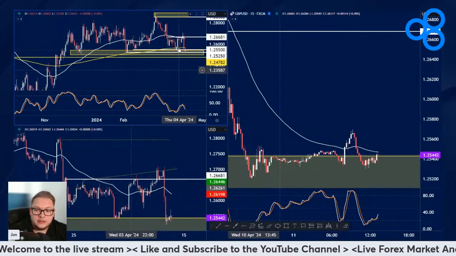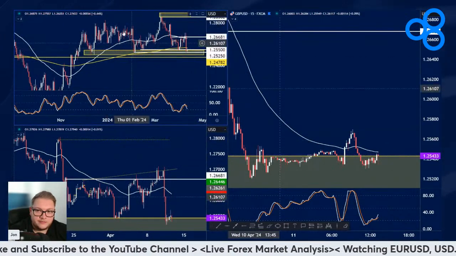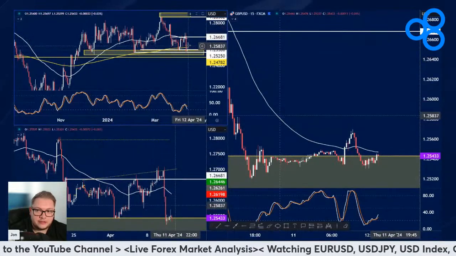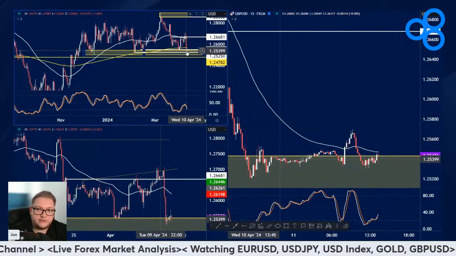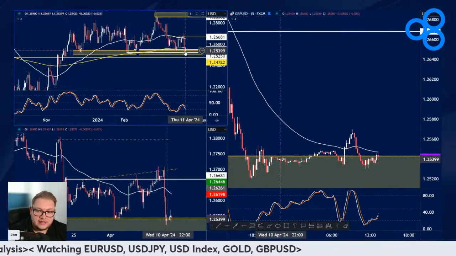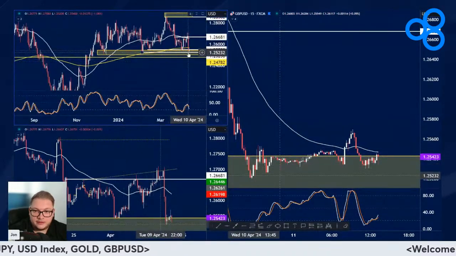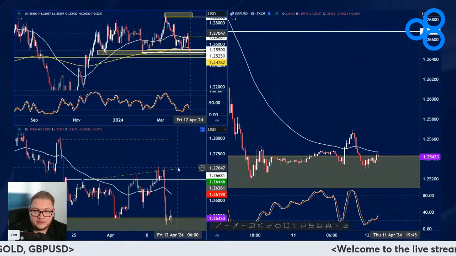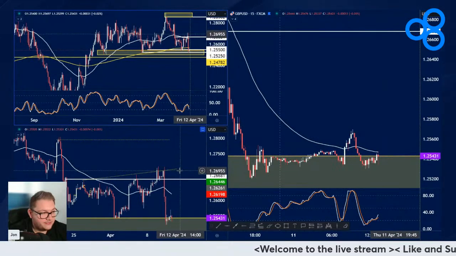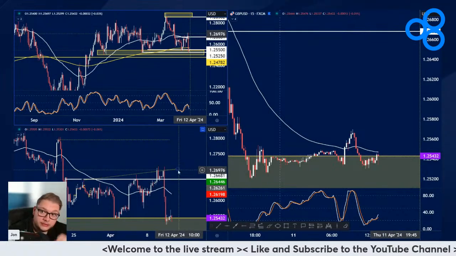Very much in a little bit of a range here, though, aren't we? If you look at the price action on a daily chart, where's your value essentially in cable at the moment? I don't see it here right now. I don't see the point in getting short right now. If price was rallying back up to 127 and we were rejecting around 127, yes, because my reward to risk is better at that point.